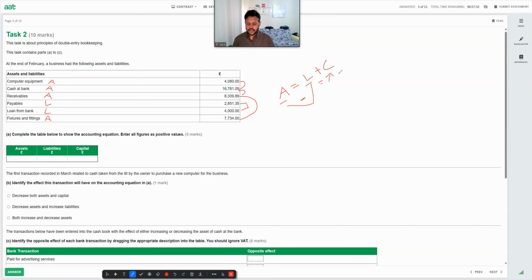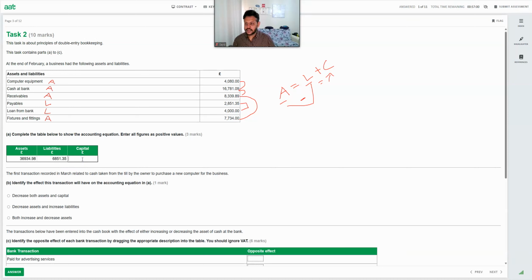So if I add all the assets, that gives me $36,934.98. The liability, 4,000 plus 2,851.35, is 6,851.35.